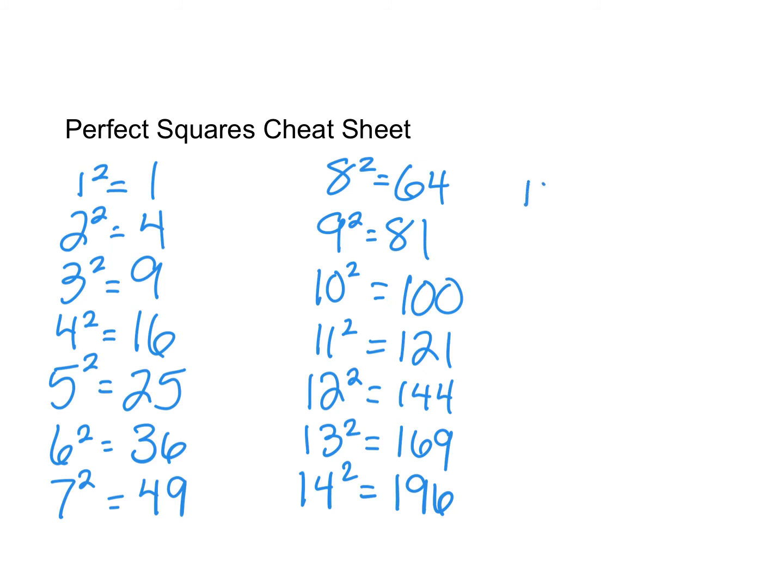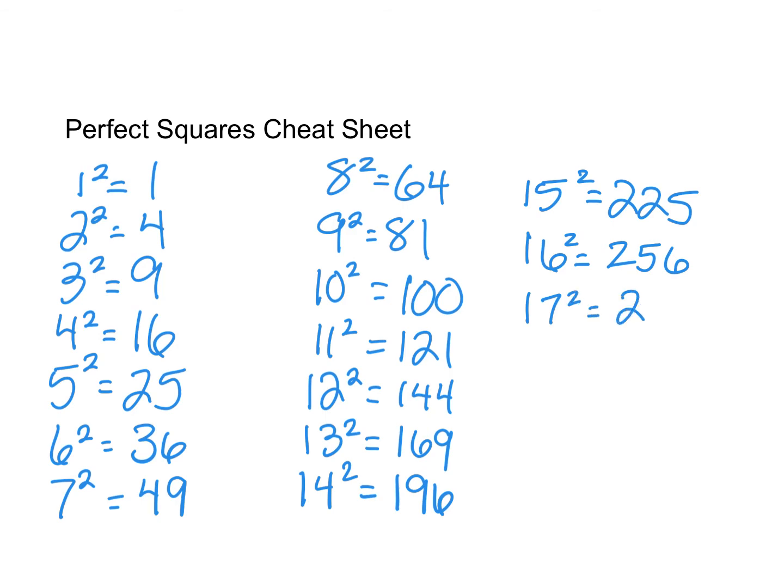All right, and then 15 squared is 225. Actually, I think we'll go on to 16. I don't actually know 18 and 19 and 20 squared, but we'll put them on our list anyway.